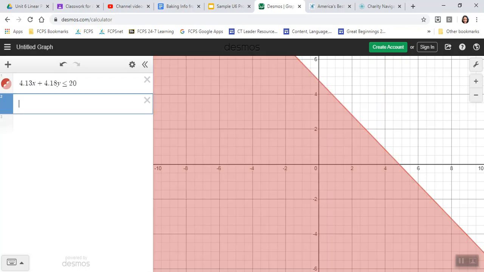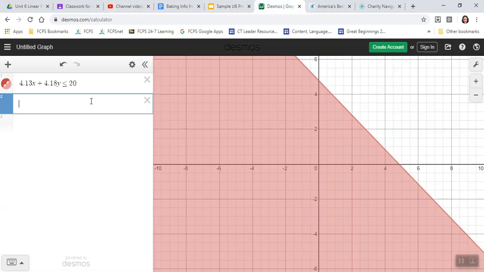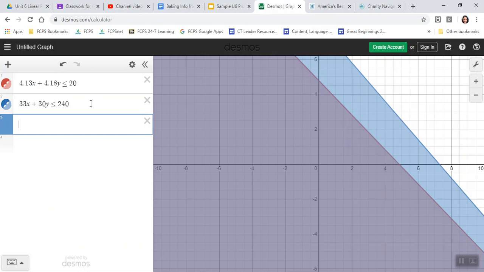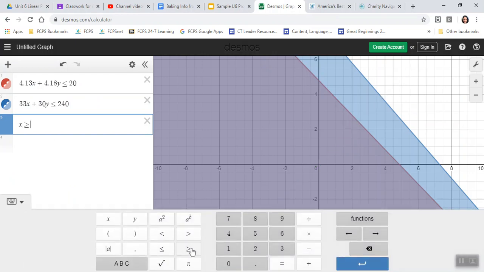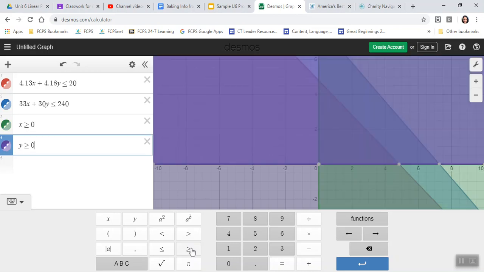Alright, so that's one of them. And then I have X is greater than or equal to 0. And Y is greater than or equal to 0.